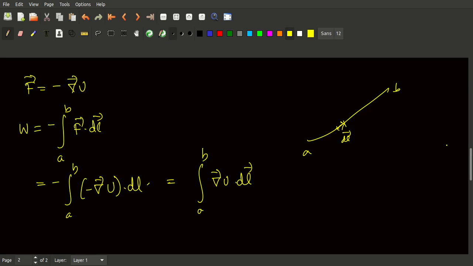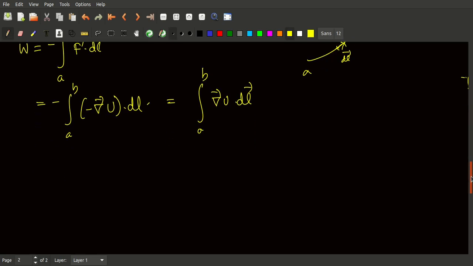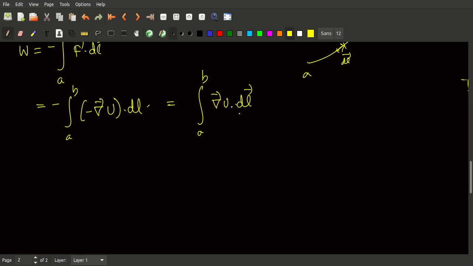Now you know from our discussion of problem number 1 that any gradient dot dl is equal to du, right? We already discussed this. So this has to be equal to the integral from a to b of du, which is simply equal to u of b minus u of a.